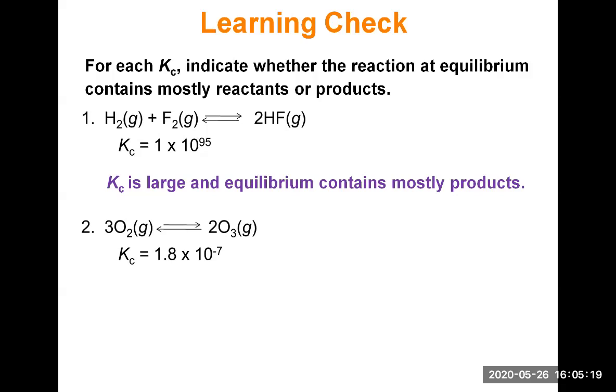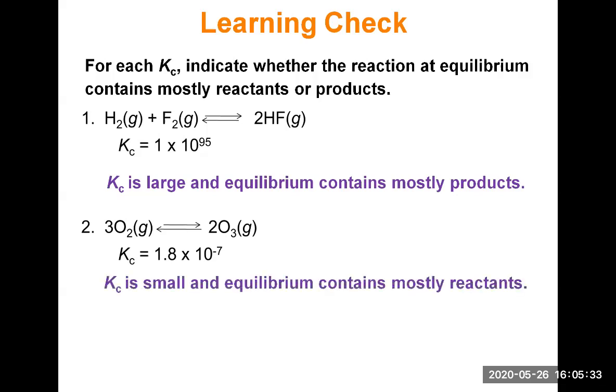So it's a very small value, much smaller than 1. When we have a Kc that is much smaller than 1, that tells you the concentration of the reactant is very large. And so the equilibrium contains mostly reactant and lies to the left. So it favors oxygen in this reaction rather than ozone.